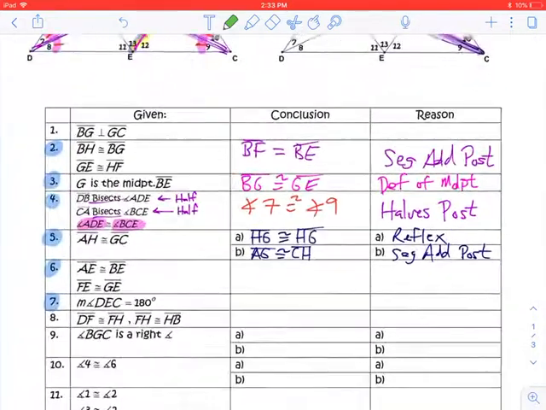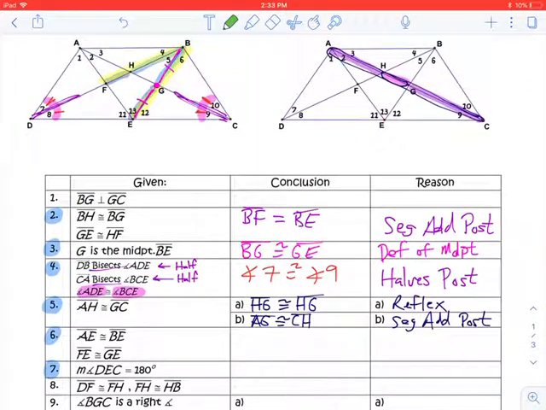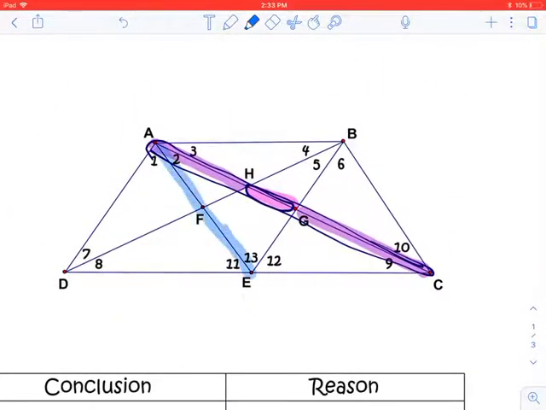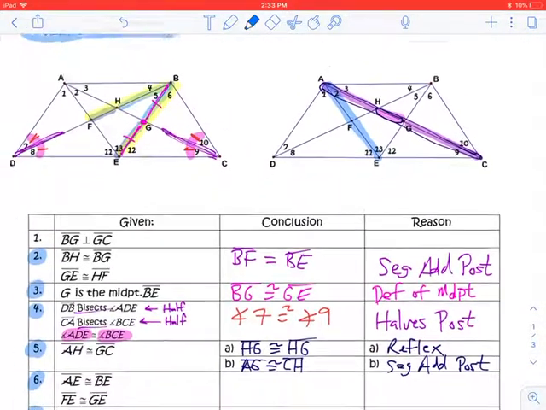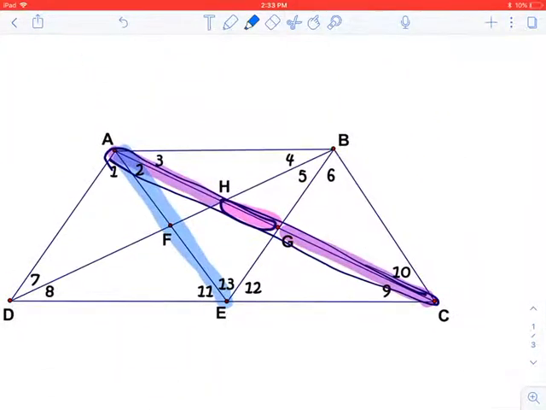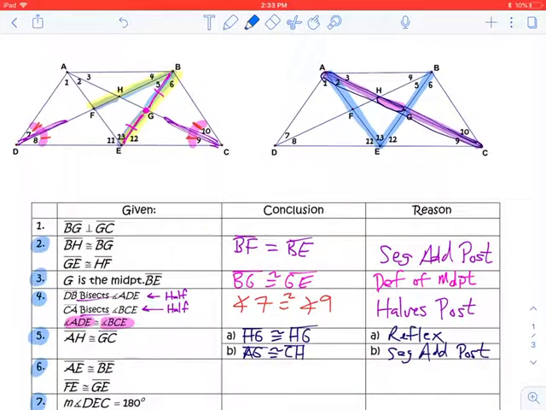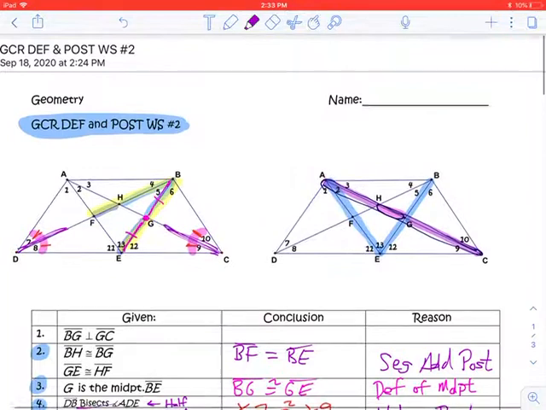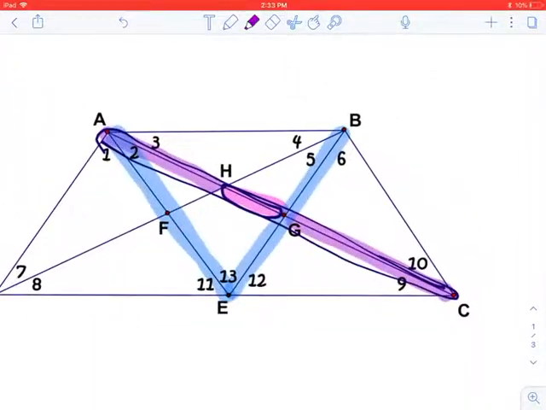So, last couple examples that we'll look at today. AE and BE, FE and GE. So AE is right here, congruent to BE. And then it also says FE and GE.